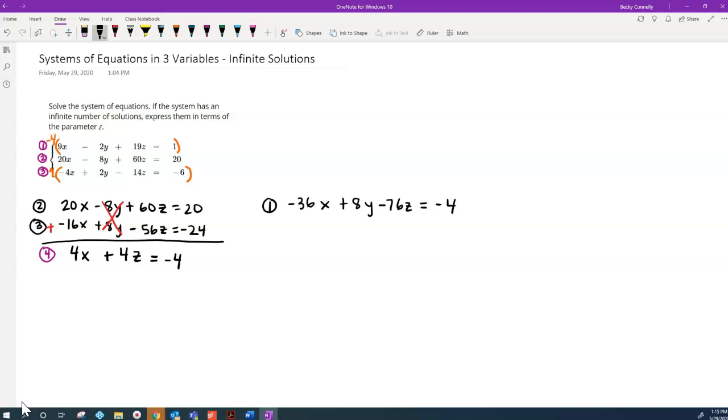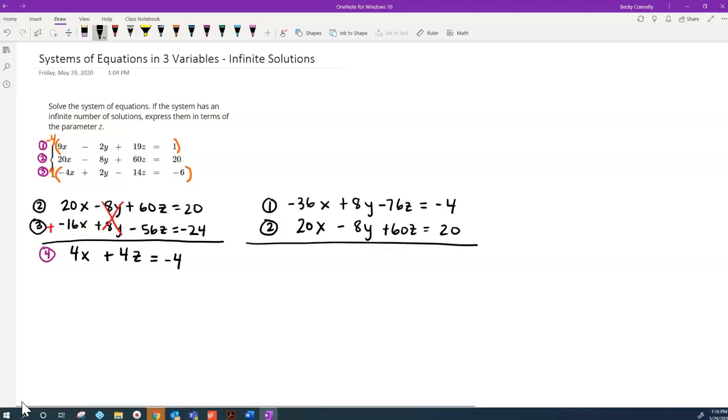I just want to double check my signs, make sure I have those all correct. Then I'm going to add it to equation 2. So I've got 20x minus 8y plus 60z equals 20.